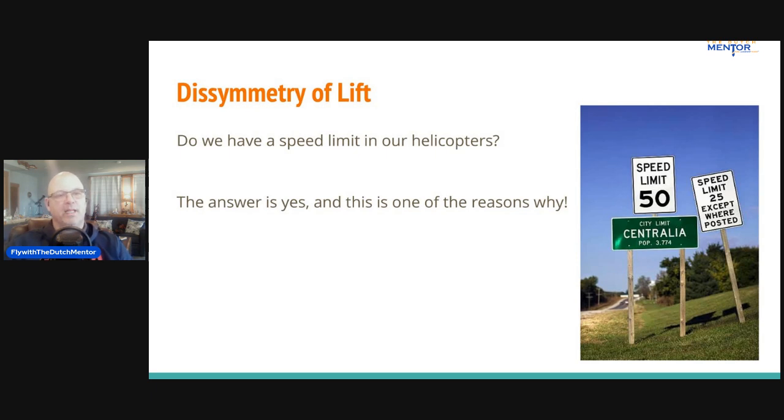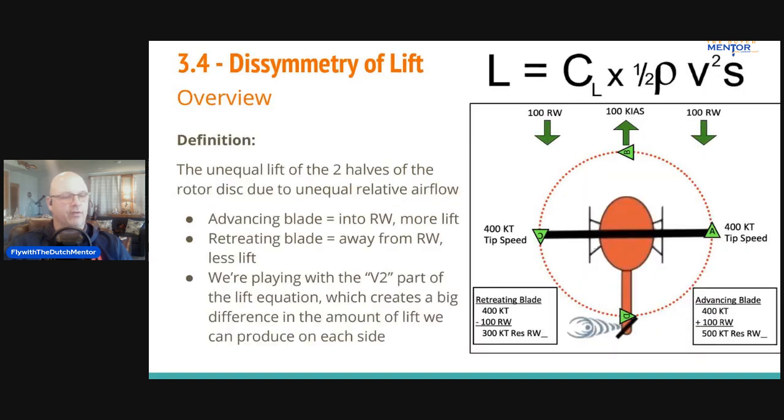Do we have a speed limit in our helicopters? The answer is yes. This is one of the reasons why, because of the symmetry of lift: one blade is, of course, going forward while the other blade is going backwards. The simple equation here is that the advancing blade on the right side of the aircraft is going into the relative wind, and you need to add these speeds together.